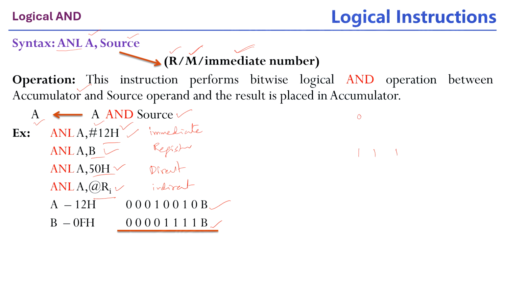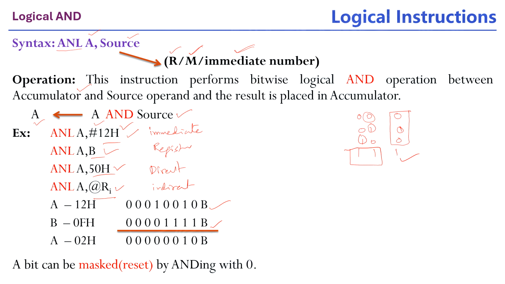So the output becomes 0000 0010, where both inputs are 1 only in that bit position. So this is the output.